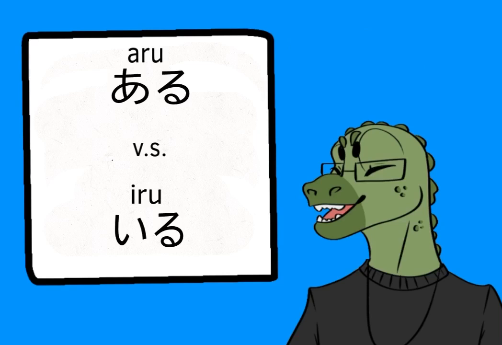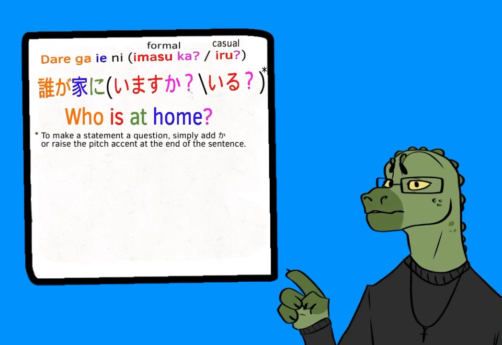So what I'm going to show you are a few example sentences using aru and iru and a few really important basic question words, right? Who is at home? Now, to ask that question, you would say 誰が家にいますか.